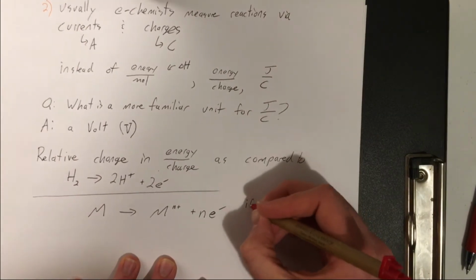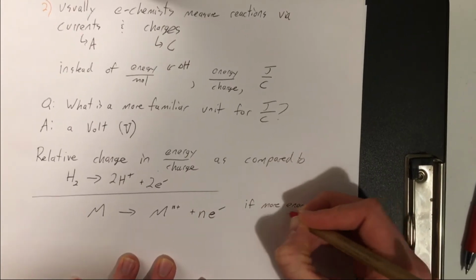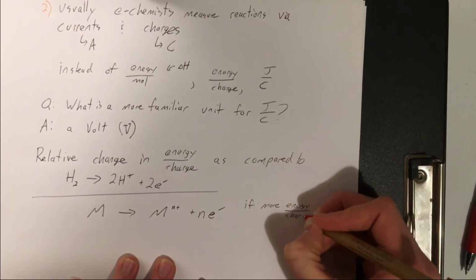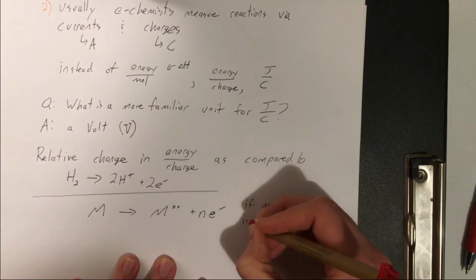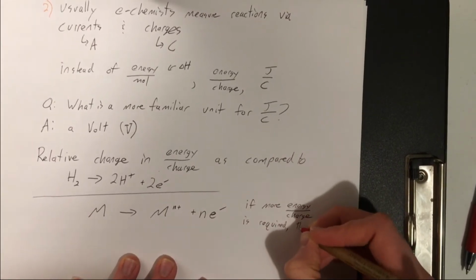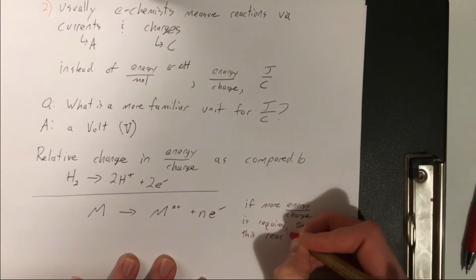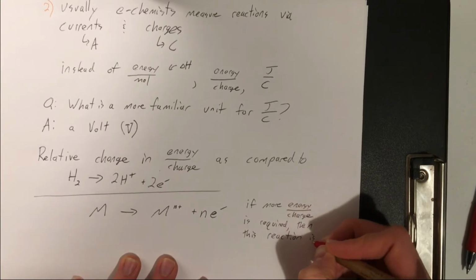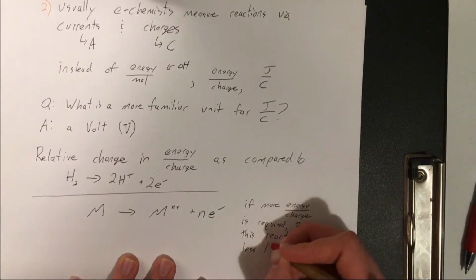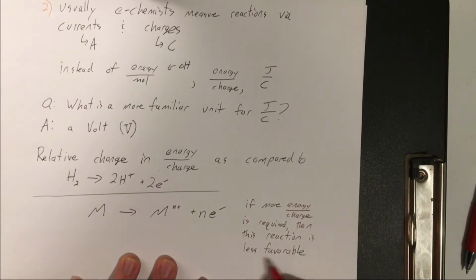So if more energy per charge is required, then this is less favorable.